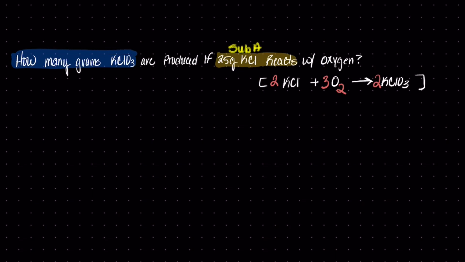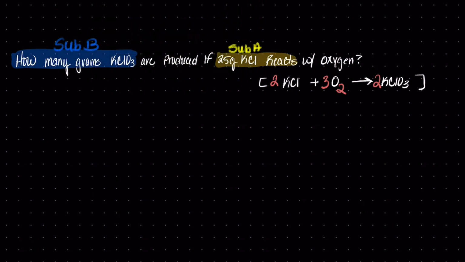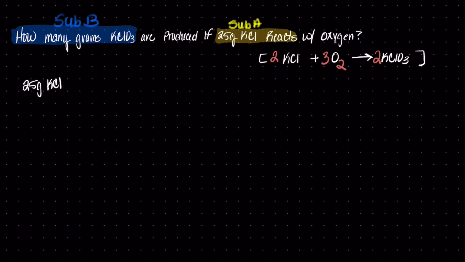That, friends, is substance B. So let's go to work. I'm starting out with 25 grams of KCl. If I see grams, I can assume I'm going to need a molar mass here shortly. So, do a molar mass.